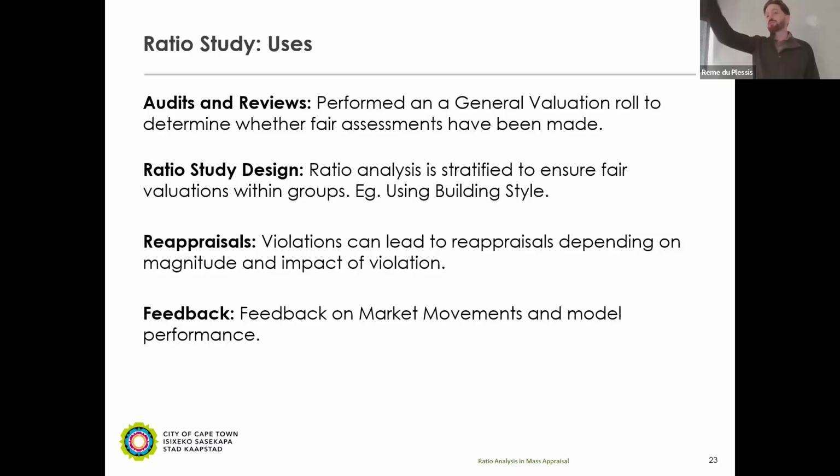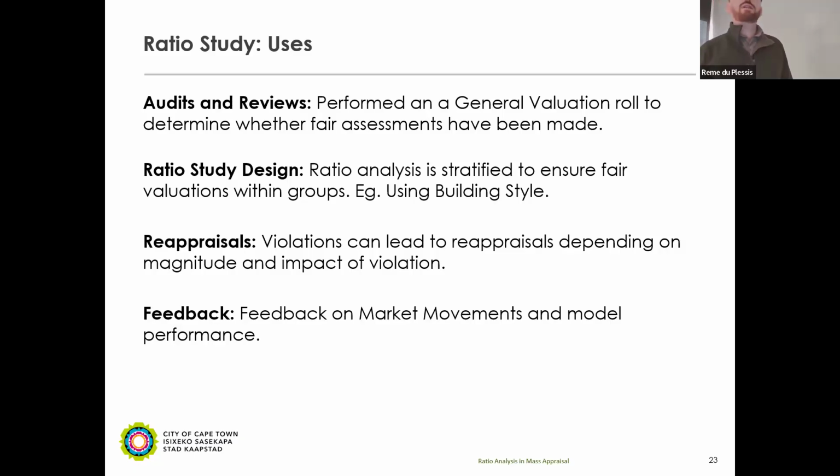So now we stratify according to the building style, do our ratio analysis, and we may see that the level of assessment for these properties is much too high, which means we have significantly overvalued them because we have valued them with the rest of the properties in that development.